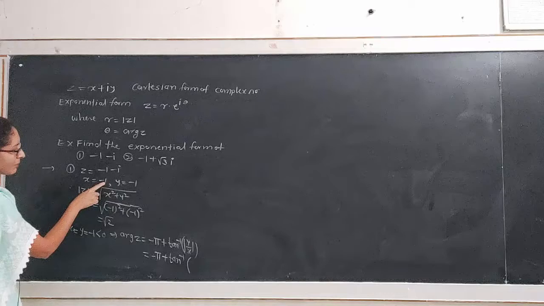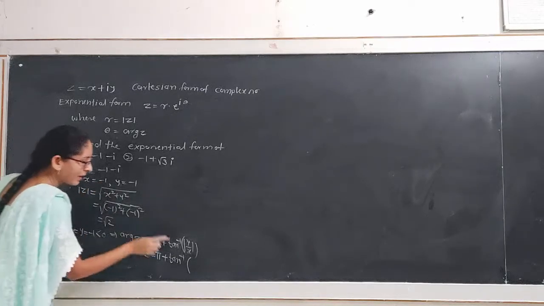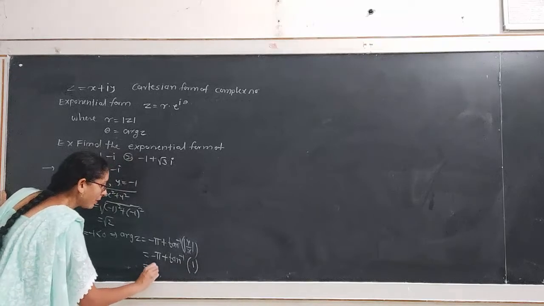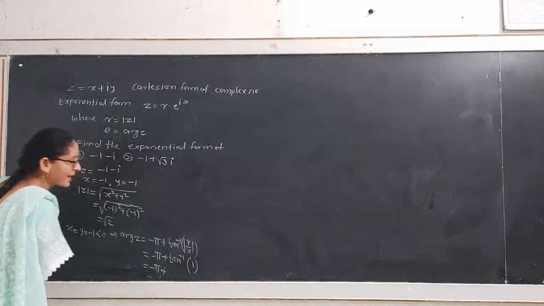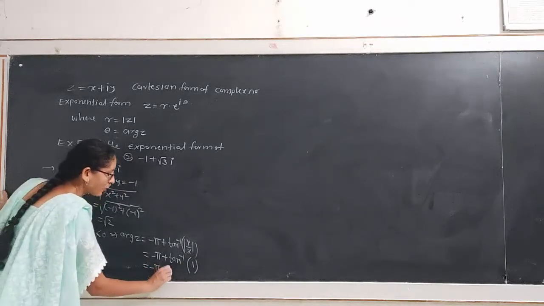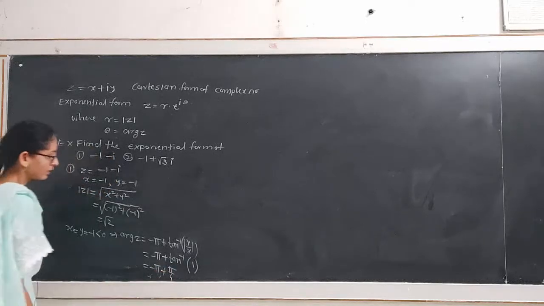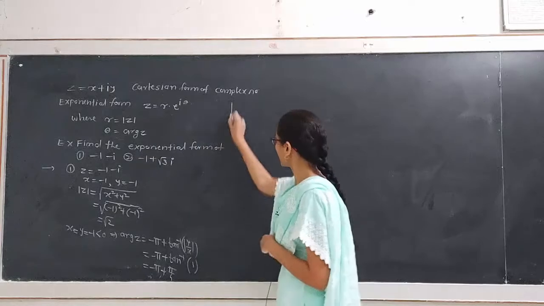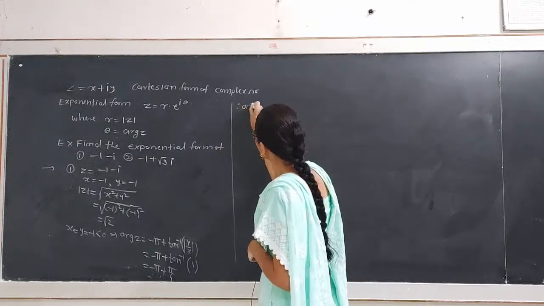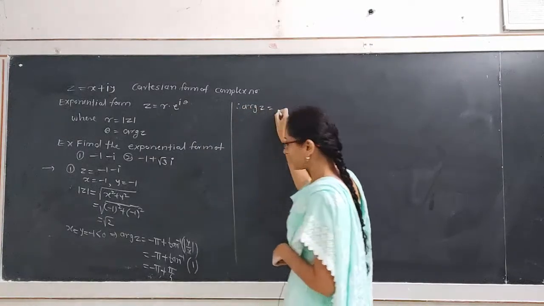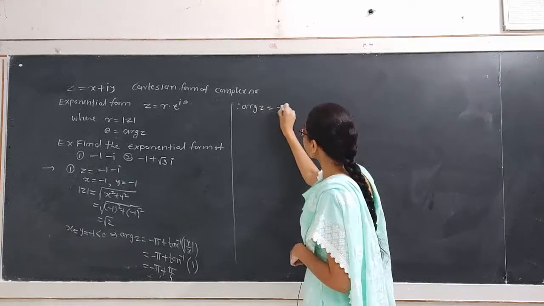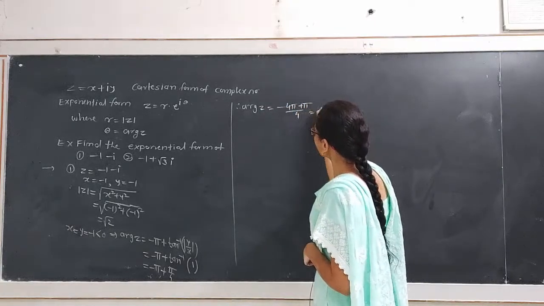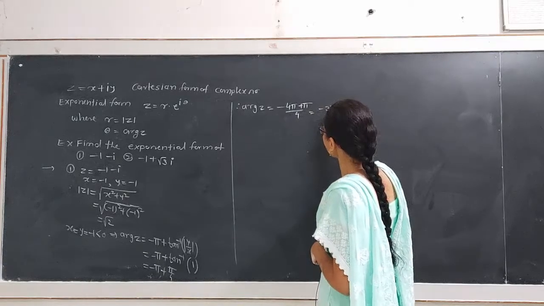The y value is -1, the x value is -1, -1 upon -1 is +1, which is equal to -pi plus tan inverse 1, which is pi by 4. Hence, the argument of z is equal to -pi plus pi upon 4, which is equal to -3 pi upon 4.